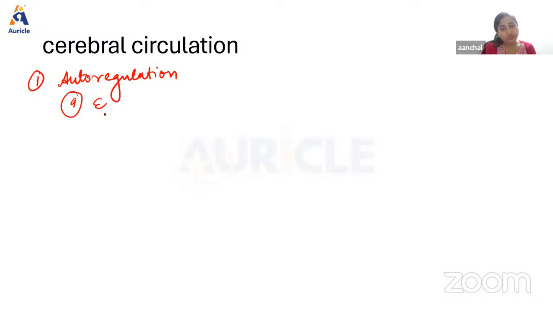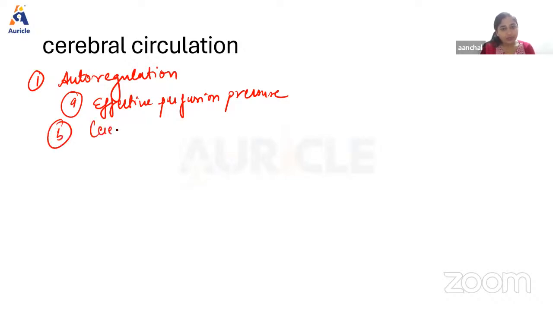So what are those three factors? The first is effective perfusion pressure. Second, cerebral vascular resistance. And third, cerebral blood flow.